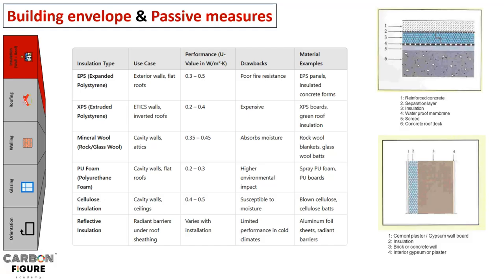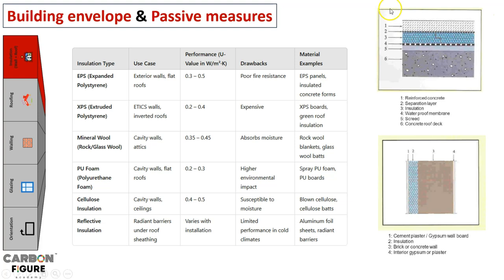Then PU foam, polyurethane foam, 0.2 to 0.3. Then cellulose insulation, it's susceptible to moisture, it's not good against moisture, right? Then reflective insulation, just like some layer or sticker or some tiles or paint, those kinds of things, right?